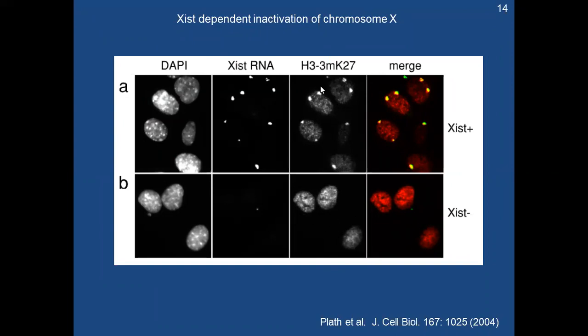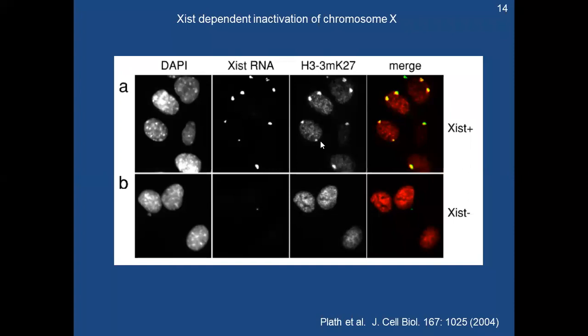The histone 3 lysine 27 trimethylation probe is red, and the Xist RNA probe is green. If you overlap these, you see that the regions which contain Xist also contain very strong lysine 27 modifications.